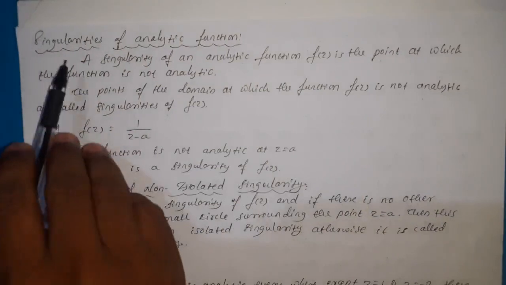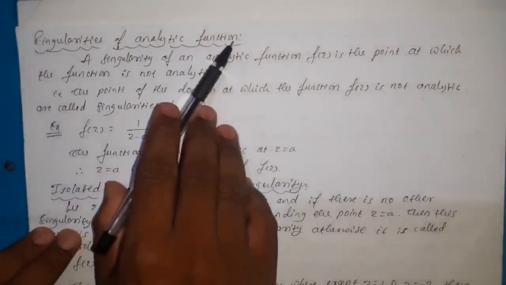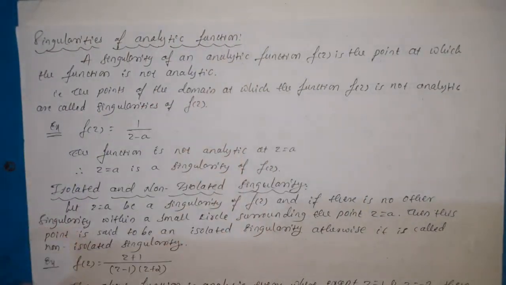And now, singularities of analytic function. Before we start this, let us recall the definition of analytic function. Analytic function means the function must be differentiable in some domain D, then we can say that the function is analytic in the given domain D, right?